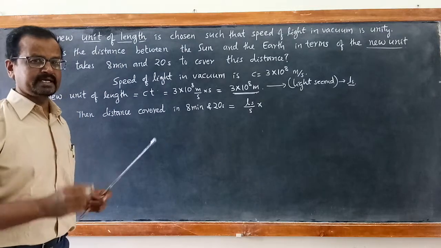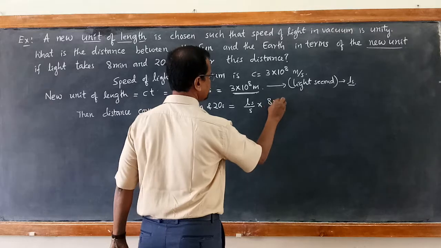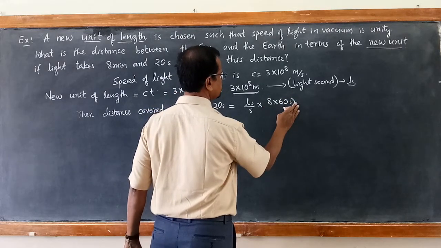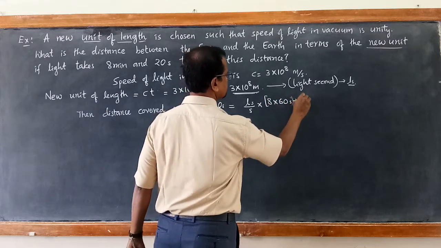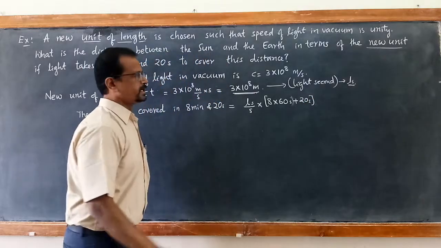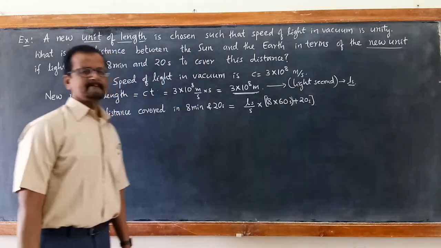What is the total number of seconds we calculate? So 8 minutes means 8 into 60 seconds, plus 20 seconds.